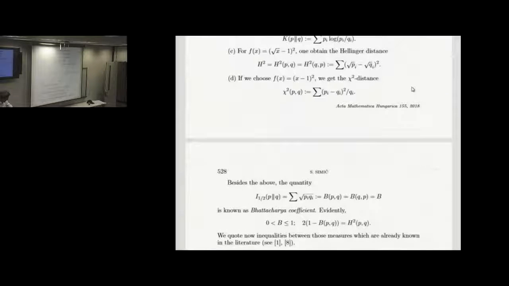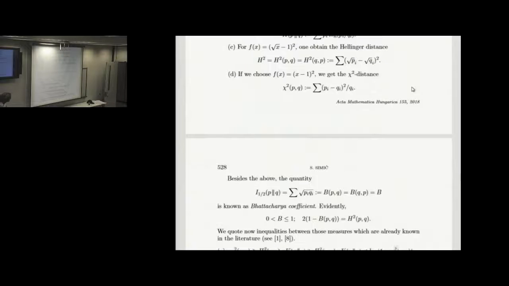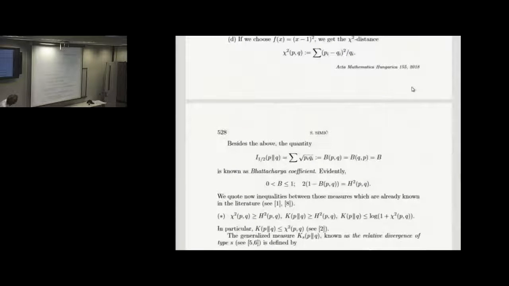Because the time is passing, this quantity is called the Bhattacharyya coefficient. This quantity is always greater than 0 and less than 1. It's sometimes called the Bhattacharyya constant.